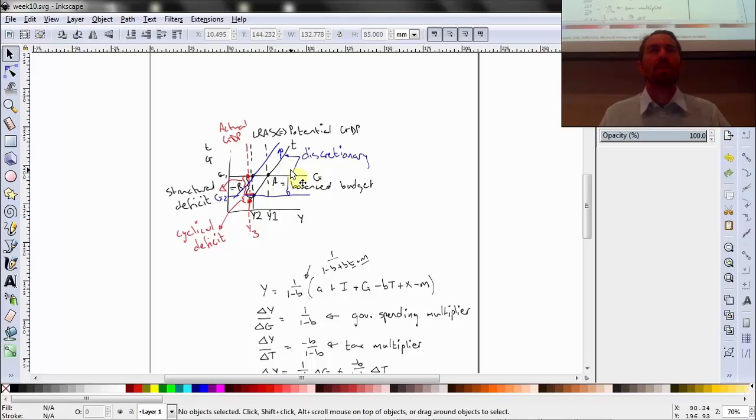We have a change in our budget balance. We can have, therefore, things like a cyclical deficit or a structural deficit, or a structural surplus, or a cyclical surplus. Okay?